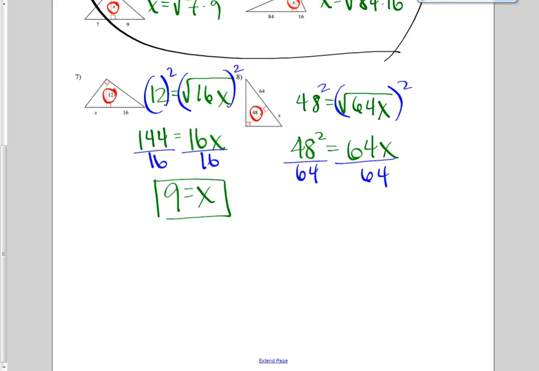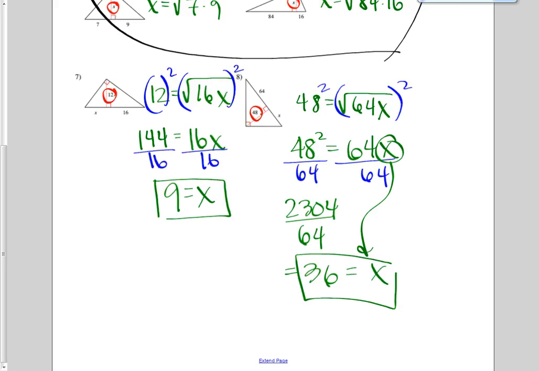So this is 2,304 divided by 64, so this is 36, which is x, right? So over here, x is by itself now. I'll do the back sum of the back in the next video.